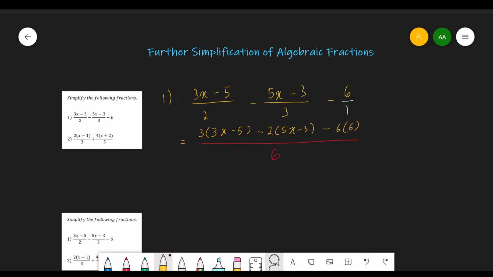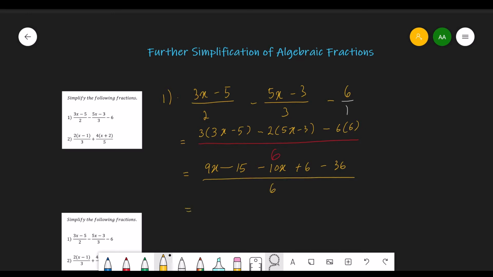So this will give us 9x minus 15 minus 10x plus 6 minus 36. 3 times 3 is 9, 3 times 5 is 15, 2 times 5 is 10, 2 times 3 is 6, and 6 times 6 is 36, the whole thing over 6.